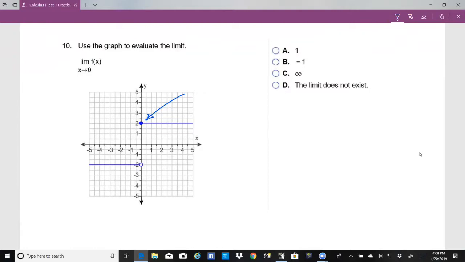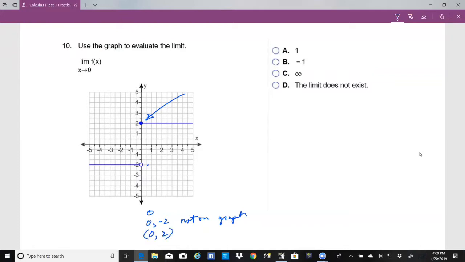It's not minus 2. So this means there's a hole in the graph there. And so the point 0 and minus 2 is not on the graph. I think you guys have learned that. But the point 0 and 2 is on the graph.